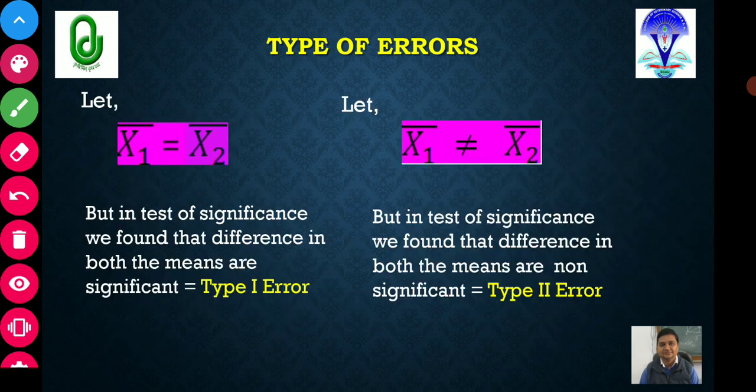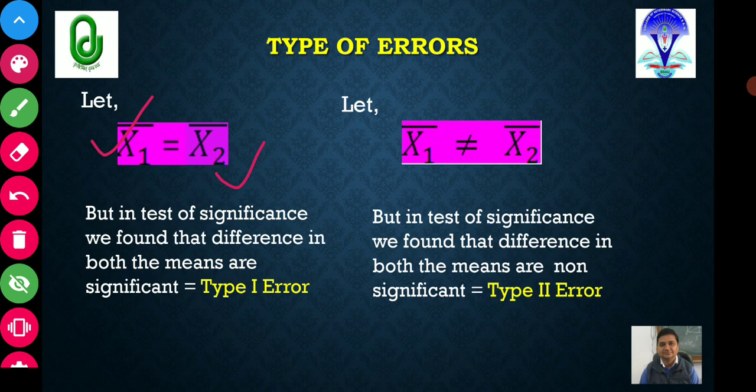Now consider two situations. In the first situation, you have taken two samples from the population, x1 and x2. Now you come to know by certain means that x1 bar, the mean of x1, and the mean of x2 are one and the same. That means x1 bar is equal to x2 bar.